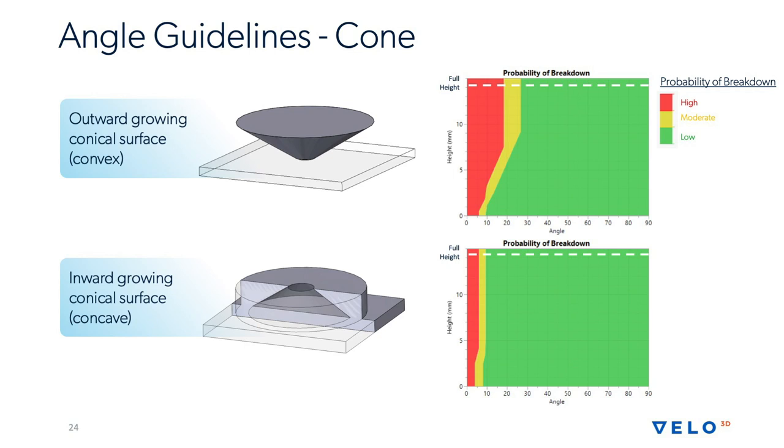And so those two sort of deadlock each other into a really stable surface. And so an inward growing curved or conical surface is one of the most stable geometries to print. And so the rules here are quite a bit different, and apply much differently. So you can print a cone as large as you want, full height, or the full build volume, as large as you can fit, down to 10 degrees without any issue in general.